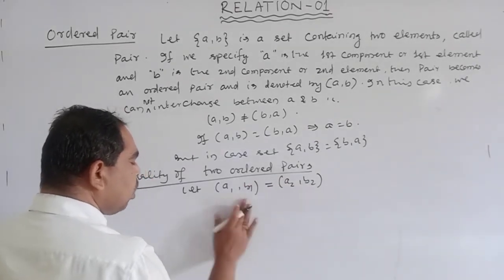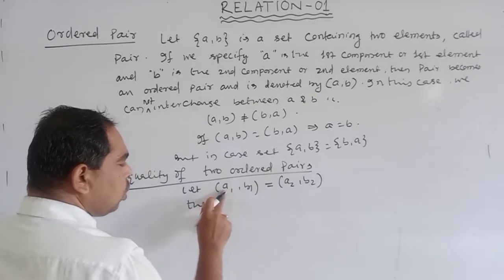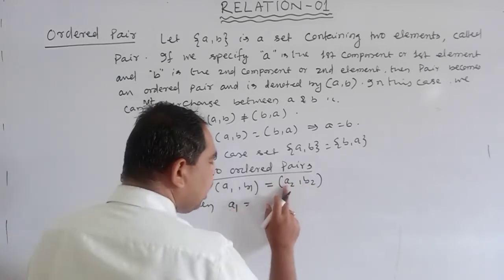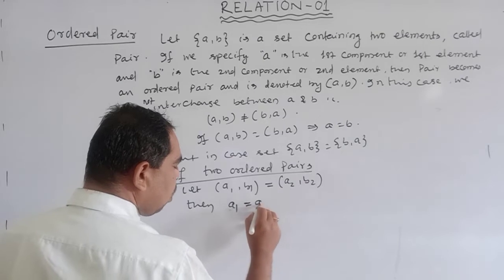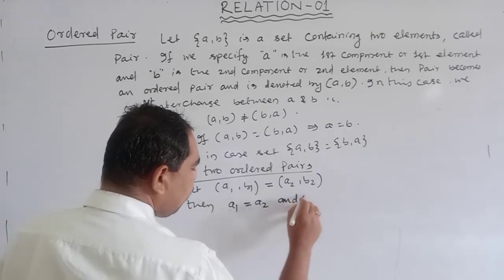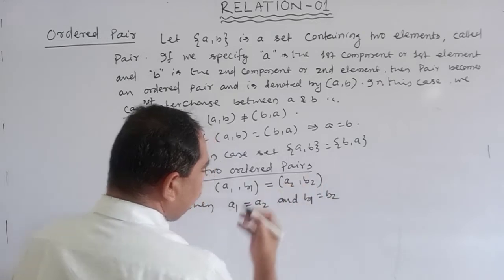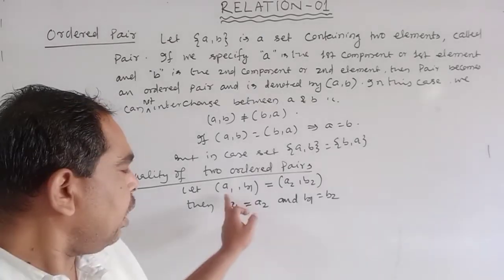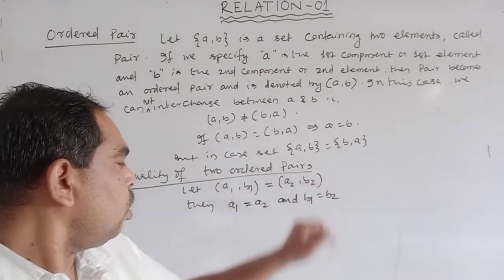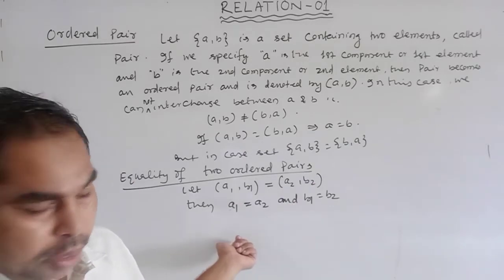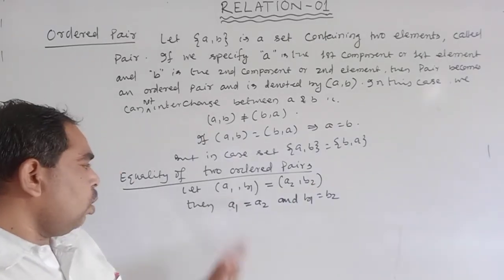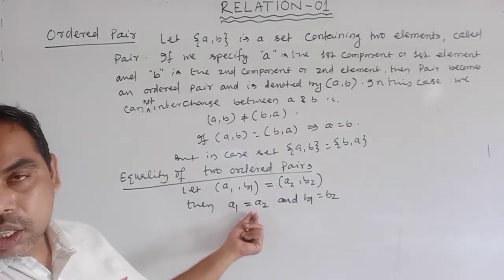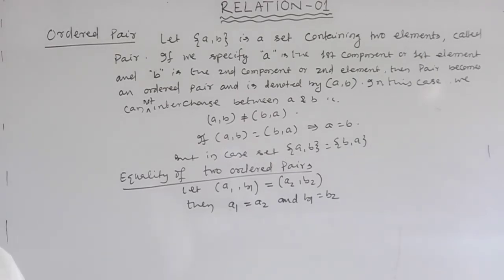Then the first component of the first ordered pair, a1, is equal to the first component of the second ordered pair, that is a1 equals a2, and b1 equals b2. Remember: if the ordered pair (a1, b1) equals (a2, b2), then a1 equals a2 and b1 equals b2.